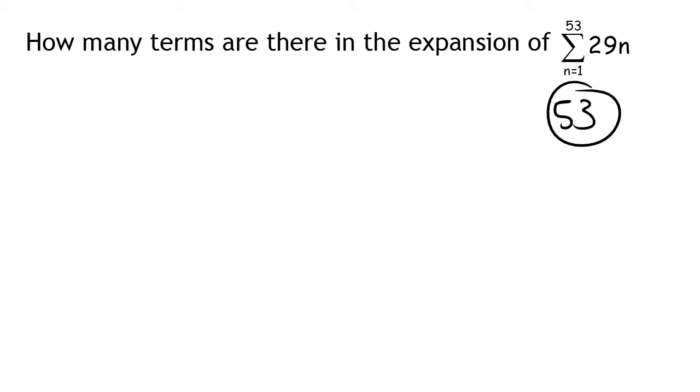A bigger thing is, well, what is the value of that? What's the sum of the terms from 1 to 53 of 29n? And in that case, you might consider this little formula here. This says the sum of this series is the first value plus the last value, and then you're going to divide that by 2 and multiply by the number of terms.